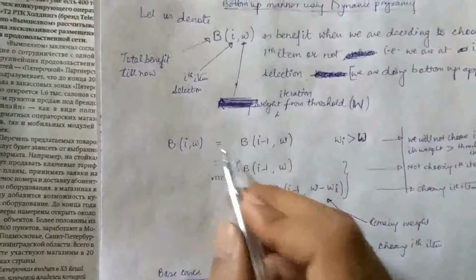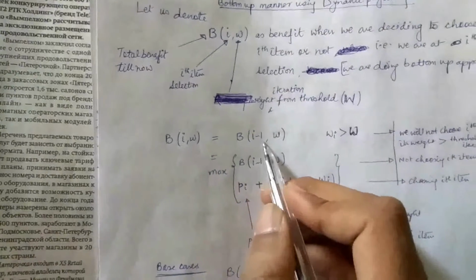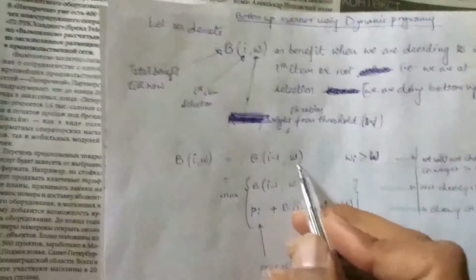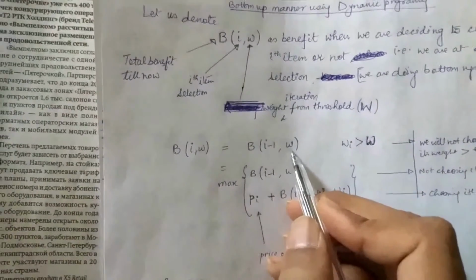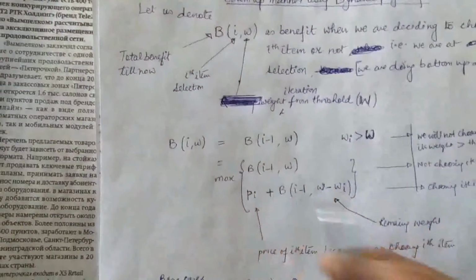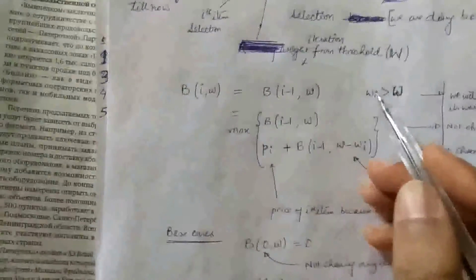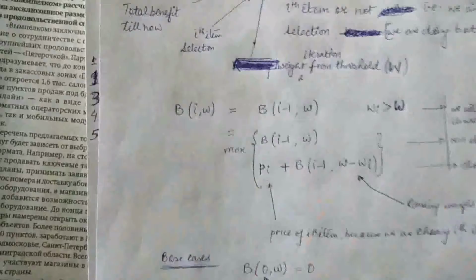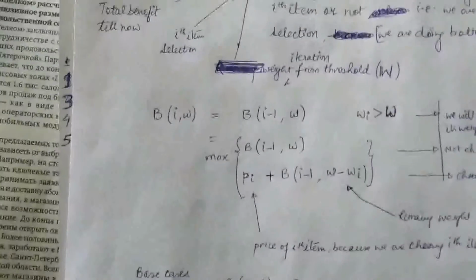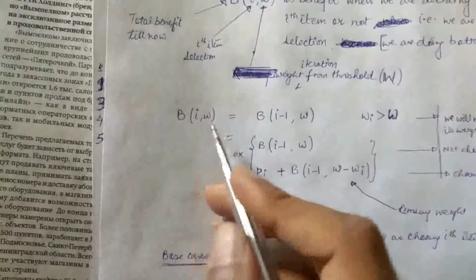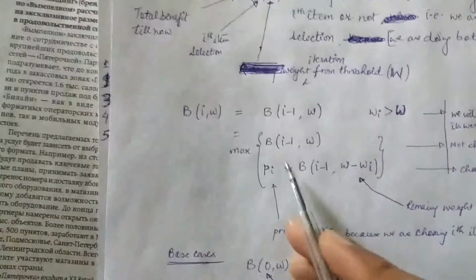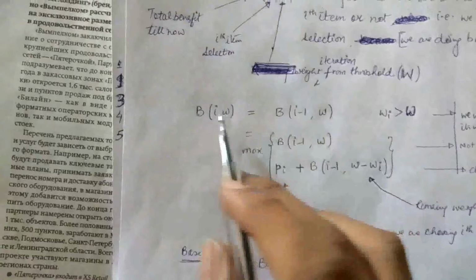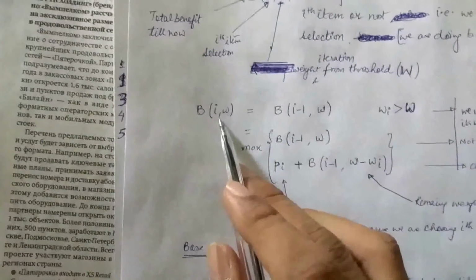So this will be equal to B of i minus 1. We will keep the previous value, and the value is still w, right? Now what if the weight of this item is lesser than the current weight? So either we are not choosing this item or we are choosing this item, right?